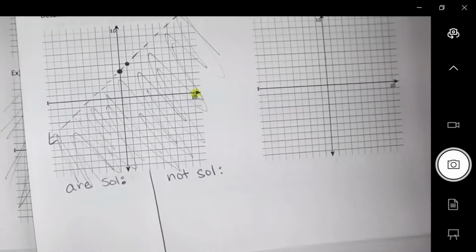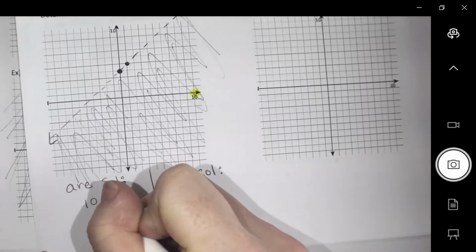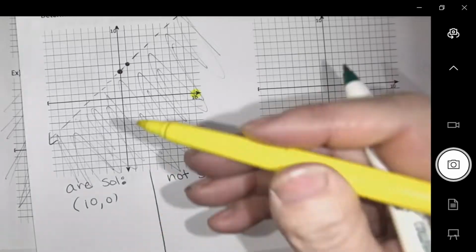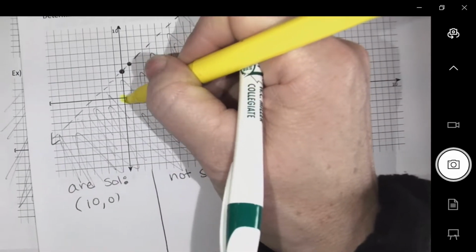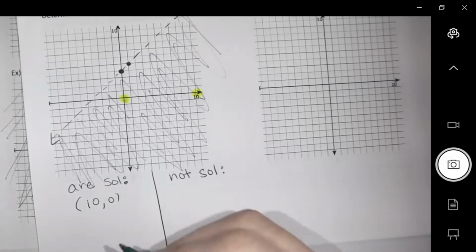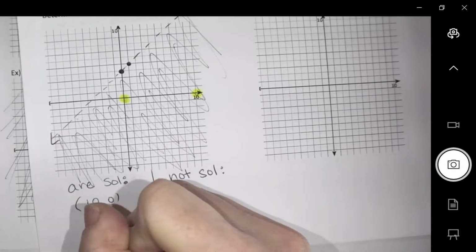which is a coordinate 10, 0. Oh, I could do the origin is in that zone. So 0, 0.